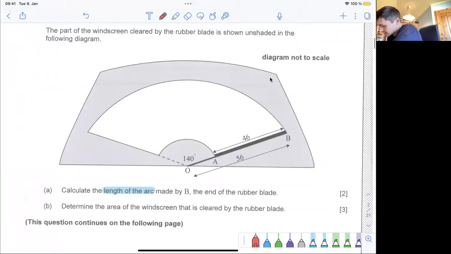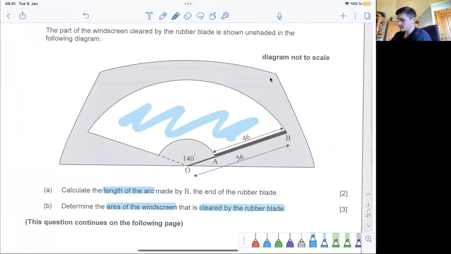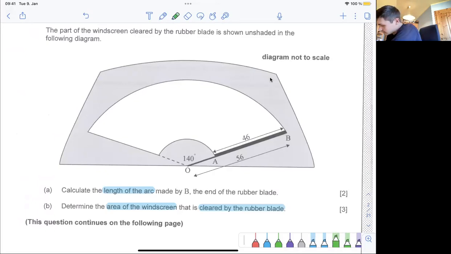What have we got? We've got to determine the area of the windscreen that is cleared by the rubber blade. So we're going to do a bit of thinking here. We want to find this area here. The way we're going to do that is calculate this total area here, all of this, and then subtract this little area in here.